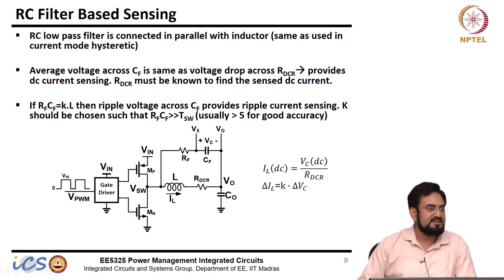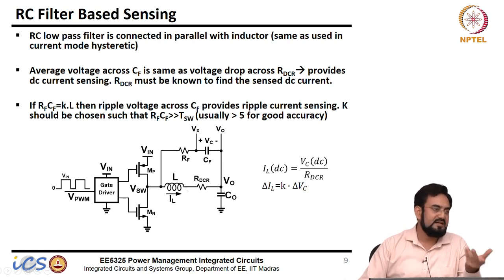There is no loss in this resistor, which means this voltage, if you integrate or pass through a low pass filter, so the DC voltage here and the DC voltage V out will give you the difference drop across RDCR. So, which means if I measure the voltage across the capacitor, it is nothing but the voltage across RDCR, and if I know RDCR, I can take this voltage difference and divide by RDCR, I can get the DC information, and this ripple will give me the Vx will give me the, okay.